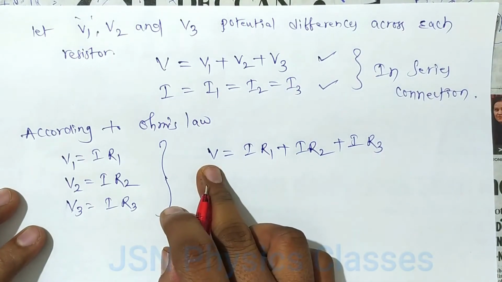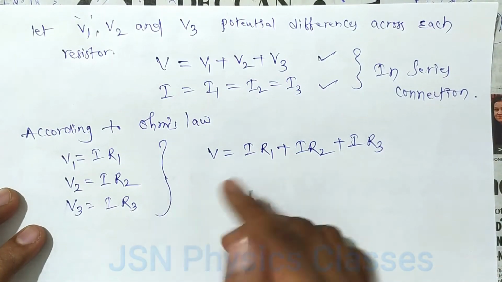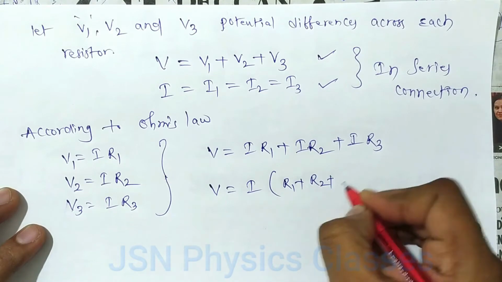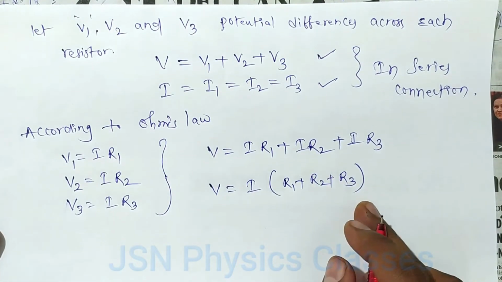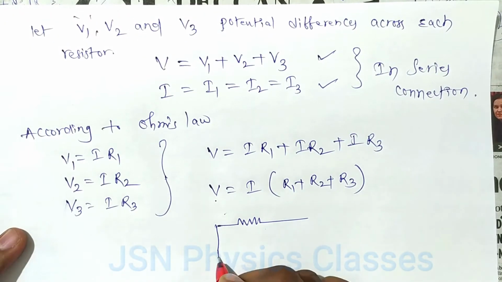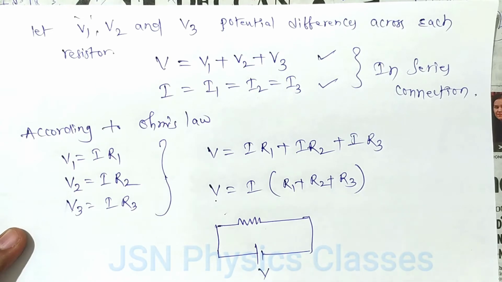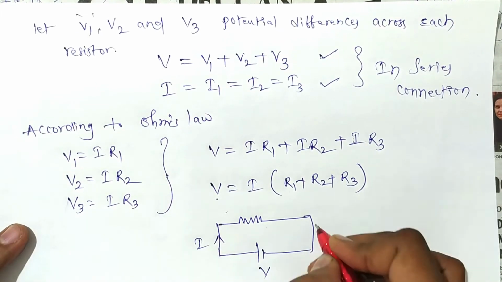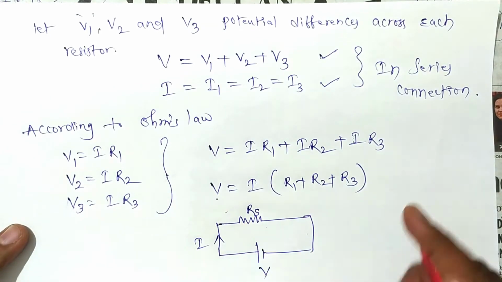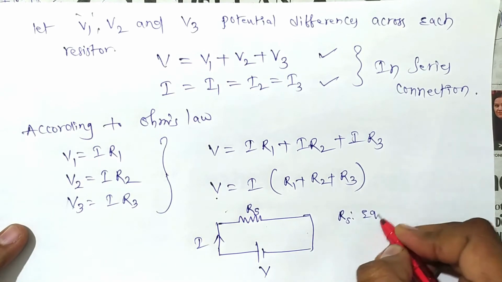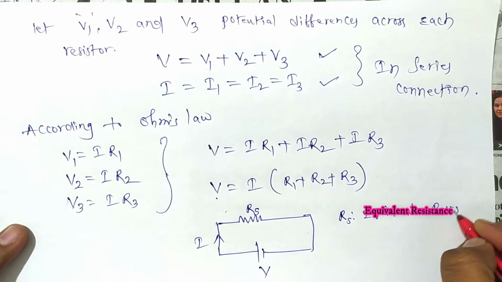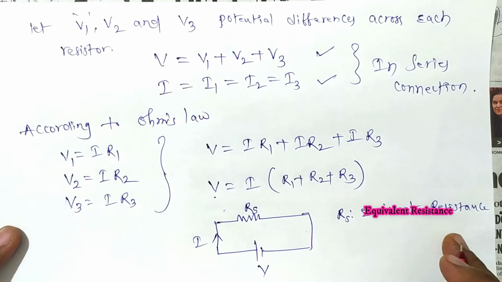So V is equal to I into R1 plus R2 plus R3. Now I am drawing the equivalent resistance with the applied voltage V and current I passing, and this is RS, the equivalent series resistance. RS is the equivalent resistance.